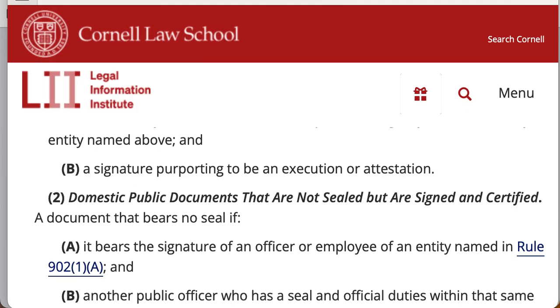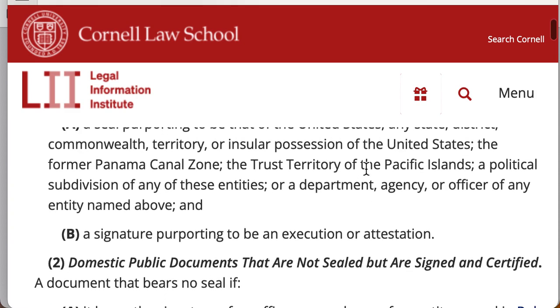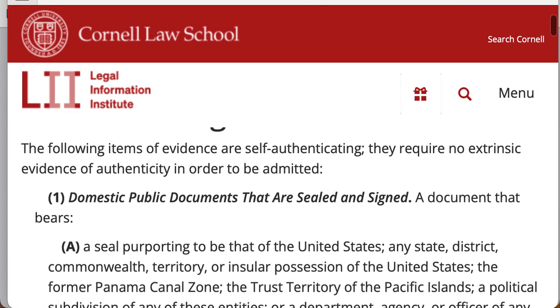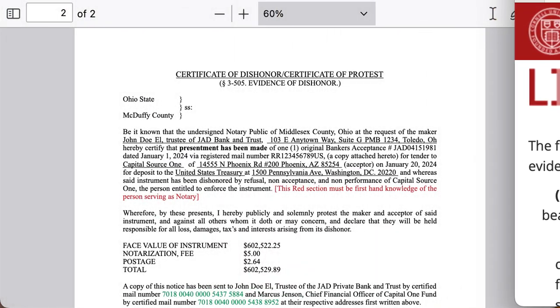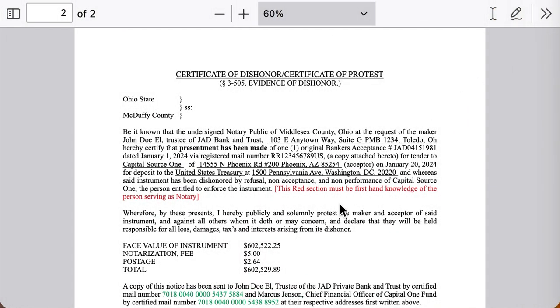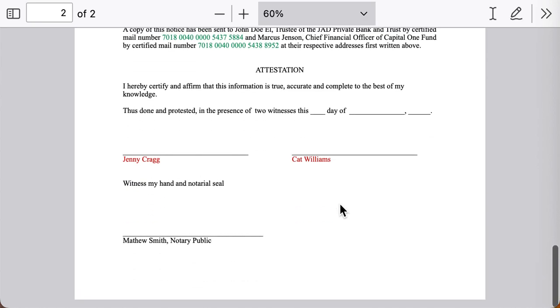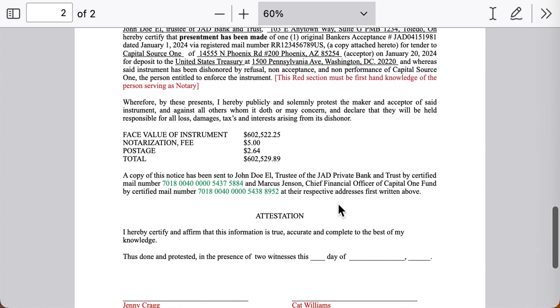So a signature purporting to be an execution or attestation, self-authenticating evidence. If you notice on our certificate of protest down here, there's an attestation. I hereby certify and affirm that this information is true, accurate, and complete to the best of my knowledge.